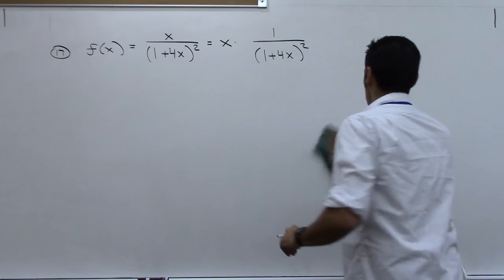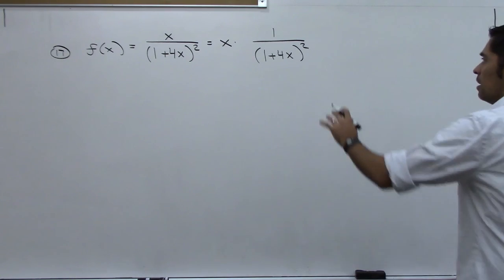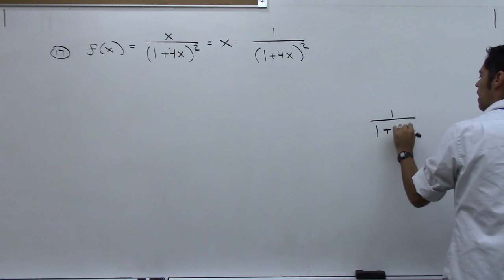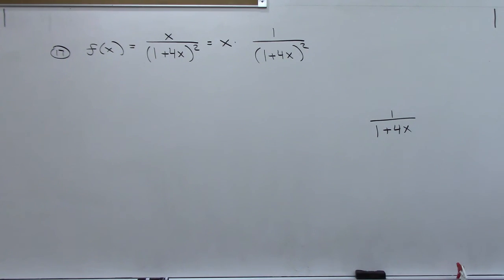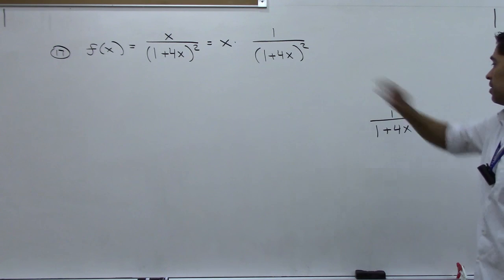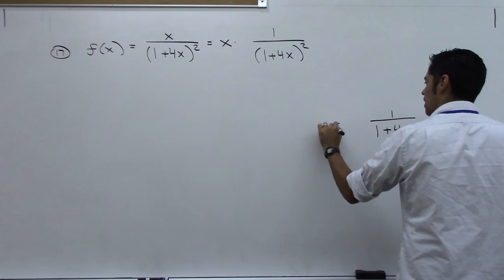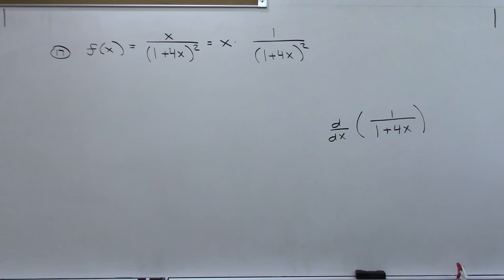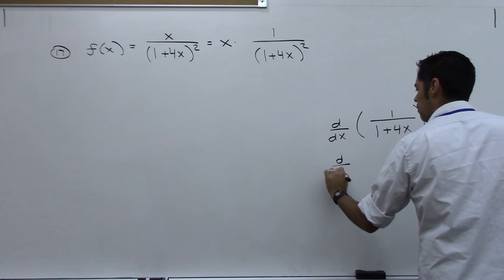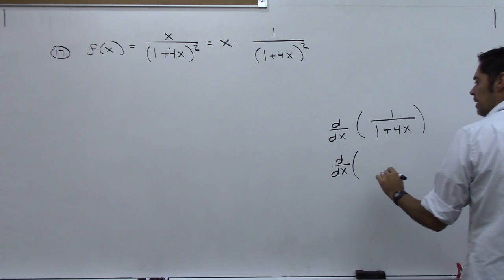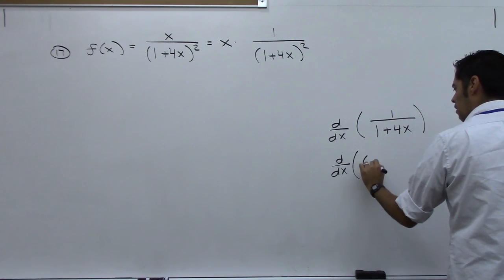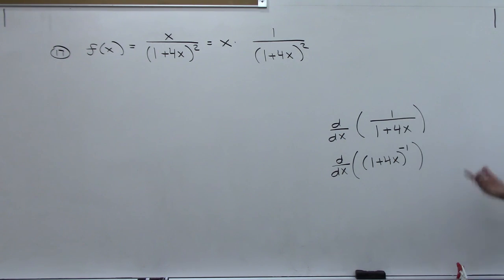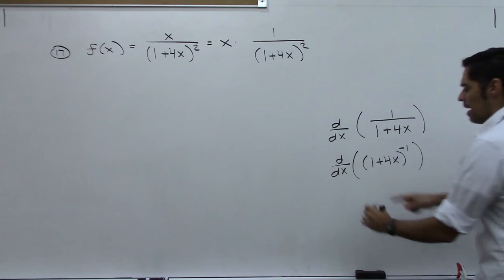So let me see if I can somehow connect this to just this. Well, I'm pretty sure that if you take the derivative of this, you're going to get something close to that. Let's see. What would happen if I take the derivative with respect to x of this? That's the same as the derivative with respect to x of 1 plus 4x to the negative 1. I'm just bringing it up, the whole thing. And then I use chain rule. So negative 1 comes out.